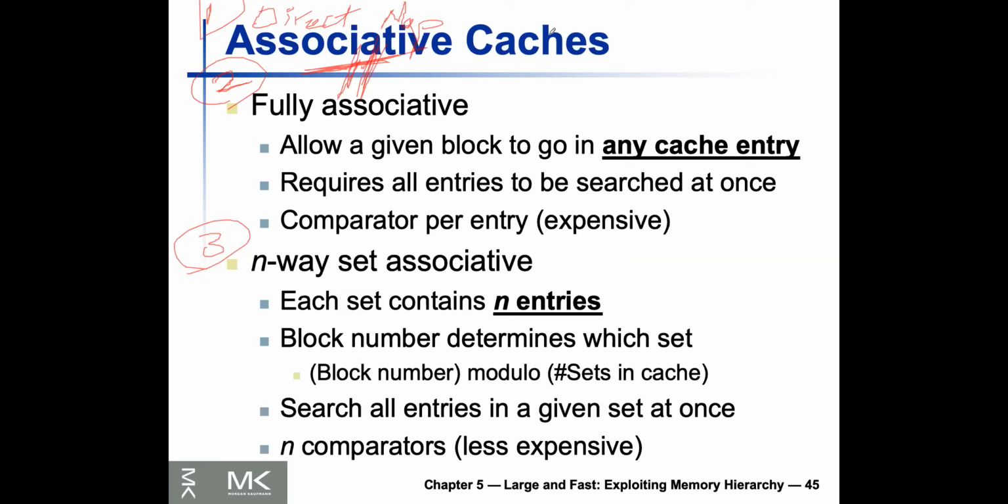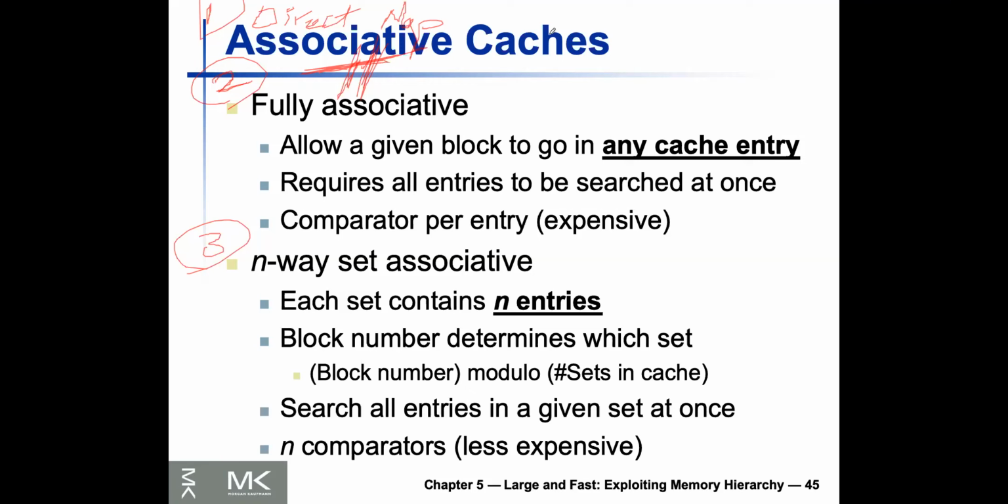On fully associative, it's going to allow a given block to go anywhere in a cache entry. That might not seem bad, but the point is how you're going to search the whole cache. Although it is smaller than memory, it's going to require some hardware techniques to search throughout the fully associative cache.